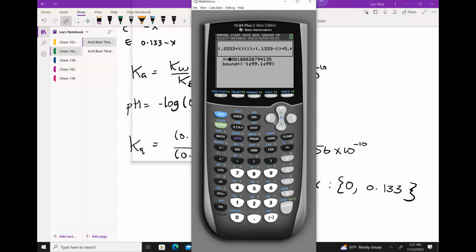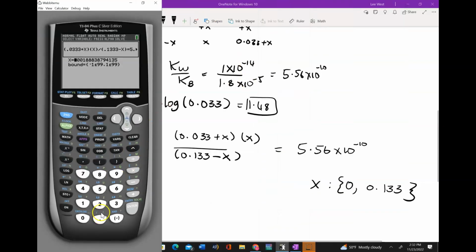And then for our x, remember we have to set the range. We want it to be between 0 and 0.133. So I'm just going to put this in here to begin with as 0.07. That's pretty close to halfway between the endpoints of my range. And now I'm going to solve.